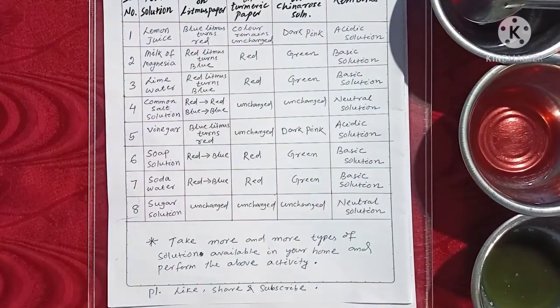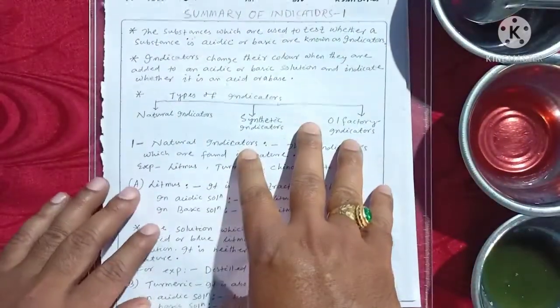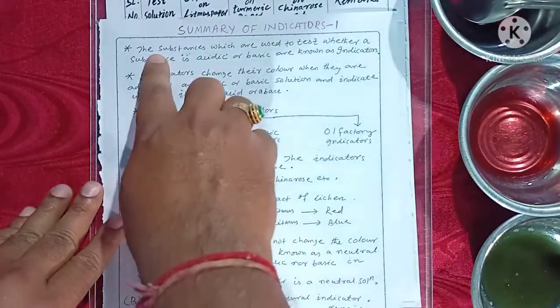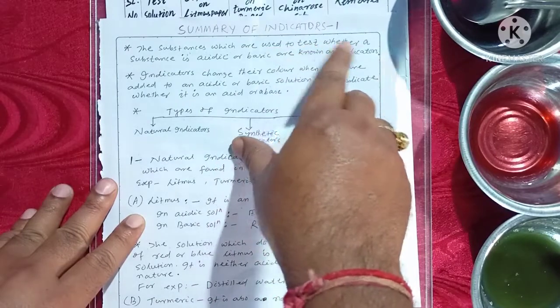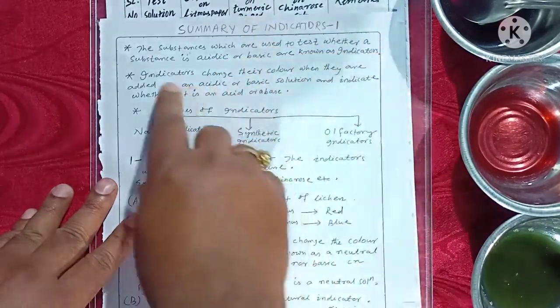Now we shall recapitulate again. We shall see the summary here. What we have read here: the substances which are used to test whether a substance is acidic or basic are known as indicators.